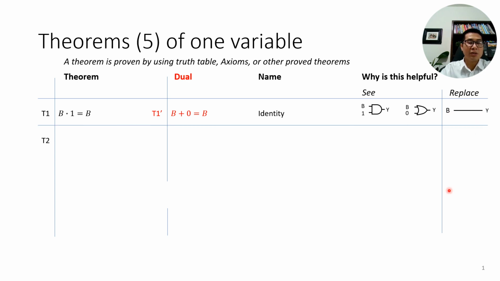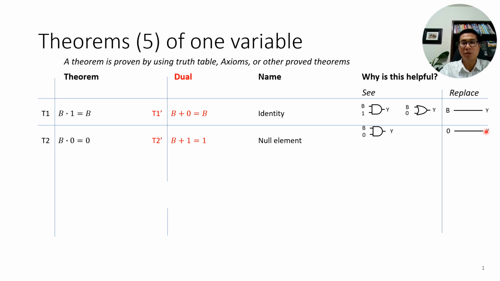Now the next one is theorem T2, which is B and 0 is 0, and its dual form is B plus 1, or B or 1, is 1. This one is called null element. Let's say we see a gate which is B AND with 0 producing Y. Then we simply replace that with 0 to Y. Y is 0 anyway.